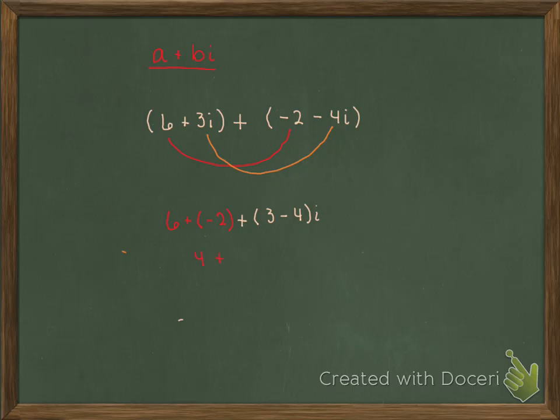And then 3 minus 4 gives us a -1i. So when we add those two complex numbers, we get 4 minus i. Easy enough. So let's do another addition.